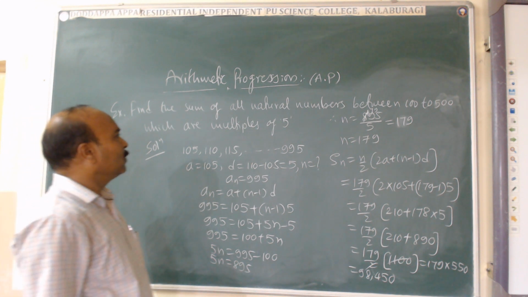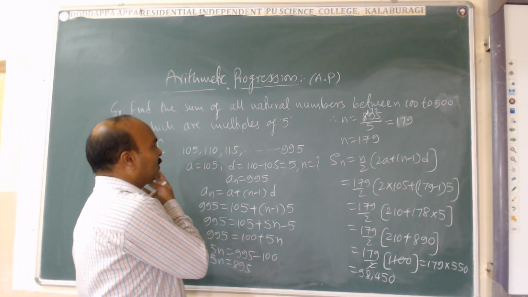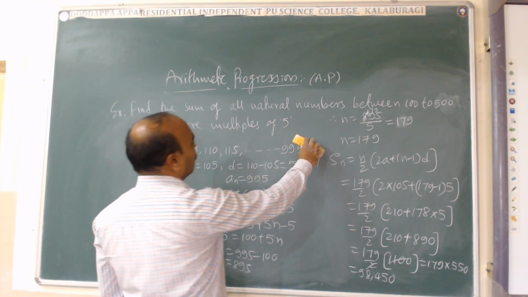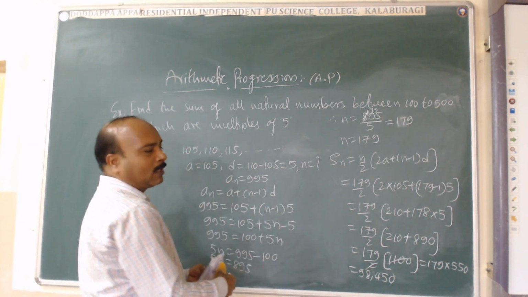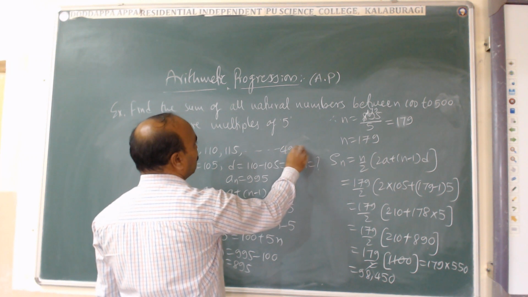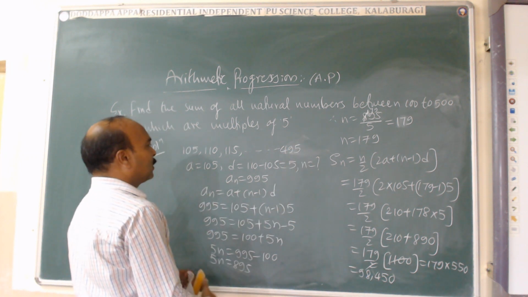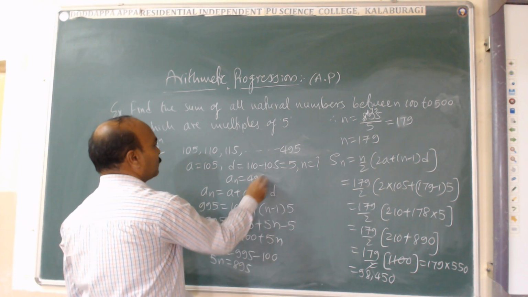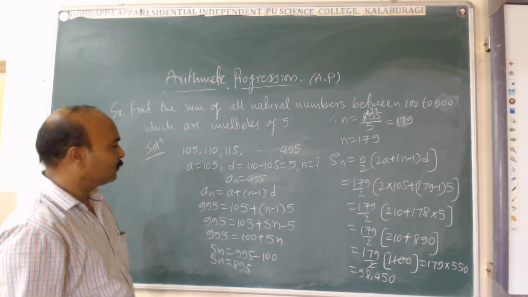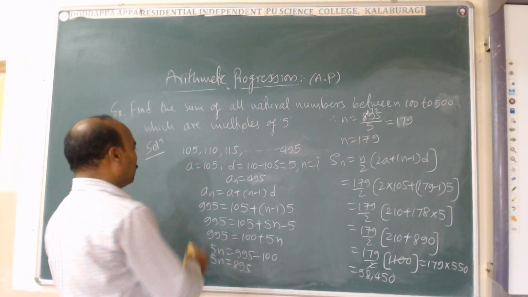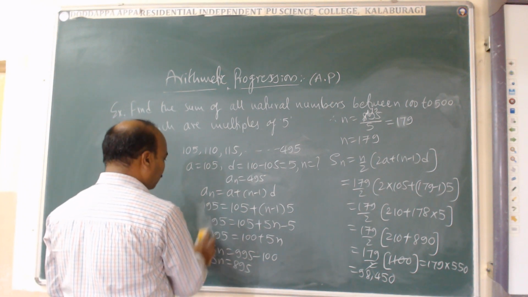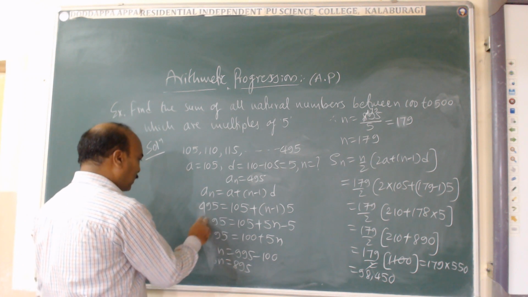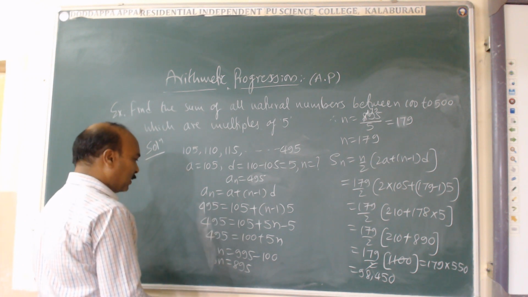Now here also we take the first number as 105 as it is. There is only a change in the last number. Before 500 you are getting 495. Therefore here an equal to 495. It is the last term. Next we go for the n value. Instead of this you write 495 equal to this term.